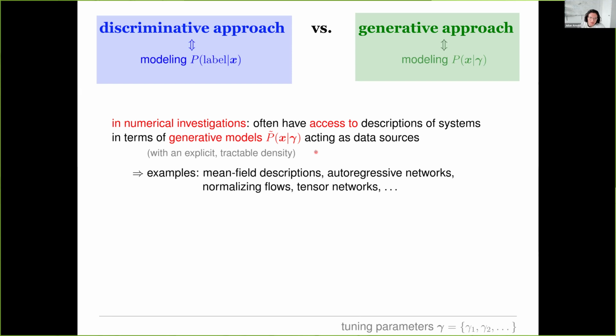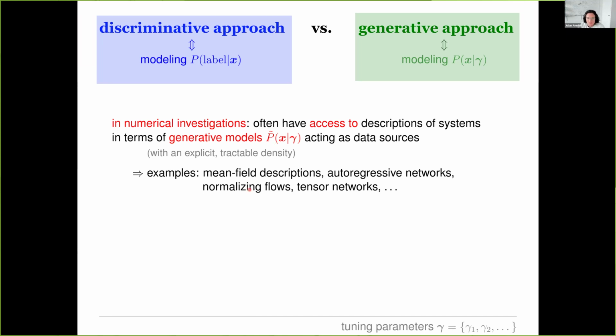And namely, in numerical investigations, what often happens is that we have access to a description of our system in terms of generative models, P tilde of X given gamma, and they act as a data source in the sense that all of the data we draw, the data sets we construct, we really draw them by simulating our system using these generative models.